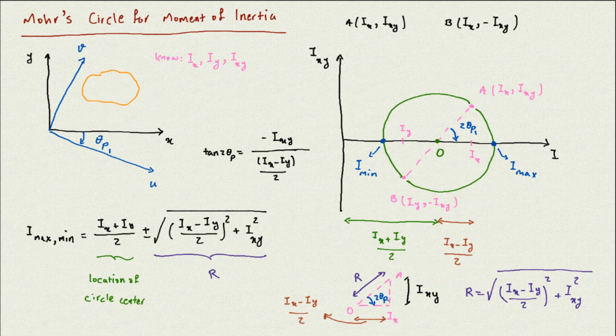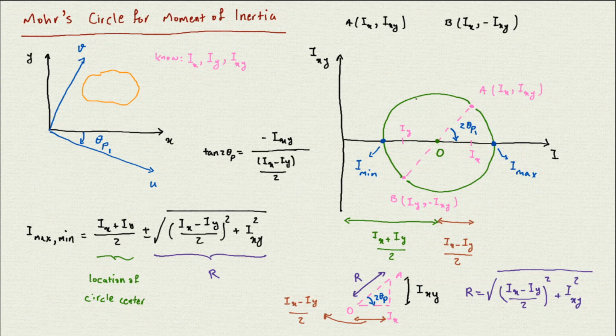So you can also get it from that triangle. And because we consider counterclockwise, it's going to be negative. So if you draw that Mohr circle, you can calculate all these values, the angle of the maximum and the minimum axis. You can calculate the theta p, and the value of the I max and I min.